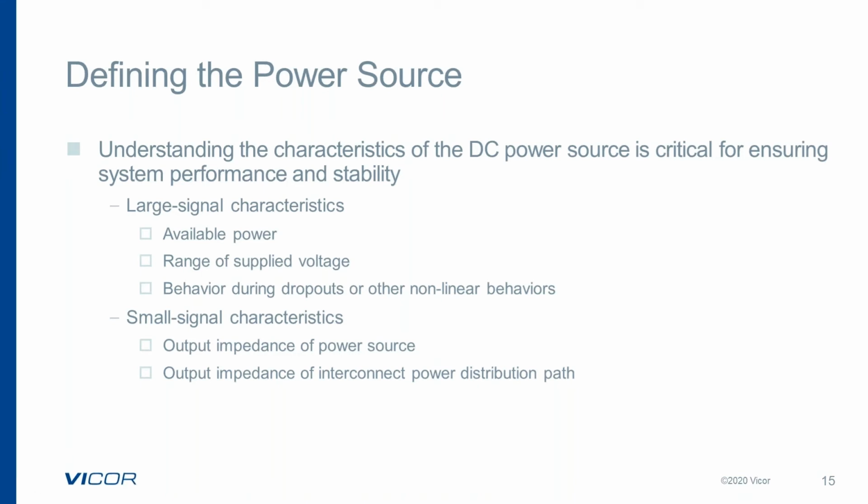As the input voltage decreases, the input current will increase. And so that can have an effect on the stability of the DC to DC converter, if there's a high impedance source. So we've got to consider the small signal characteristics of the source, just to make sure that our system is stable during operation.